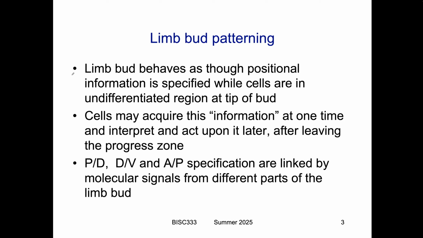And there's other kinds of experiments that gave researchers the idea that cells appear to be acquiring information at a certain time, but then they interpret and act on it later. In this case, after leaving the progress zone.